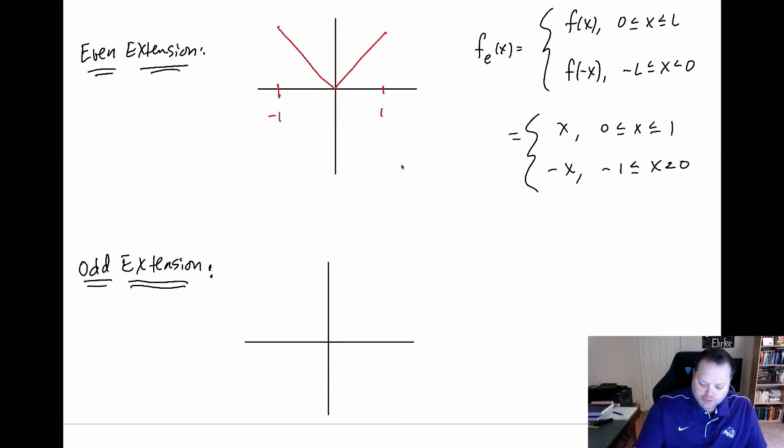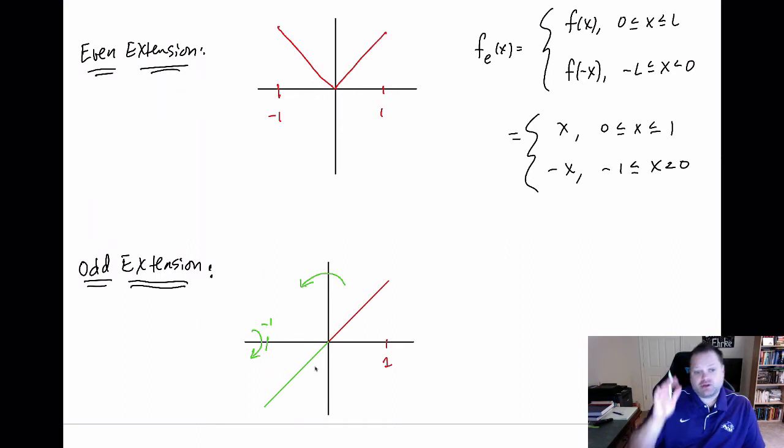So the odd extension would take the function x, the interval from 0 to 1, and it would extend it by flipping across this axis and then flipping across this axis. And if you do that, this is the picture that you will get. And so this is the function that you would be approximating all the way from minus 1 to 1 when calculating the full Fourier series above.